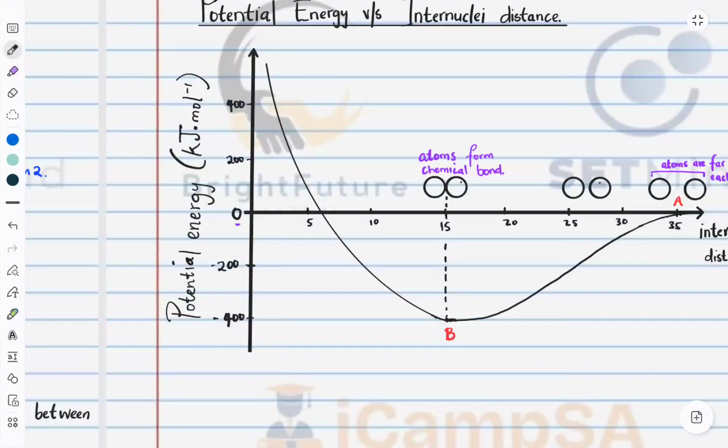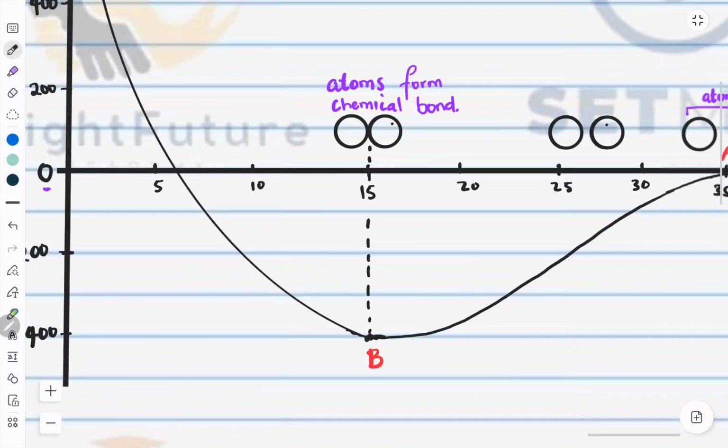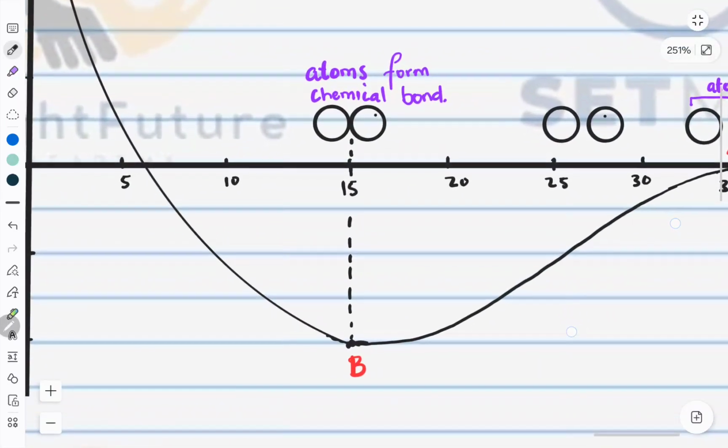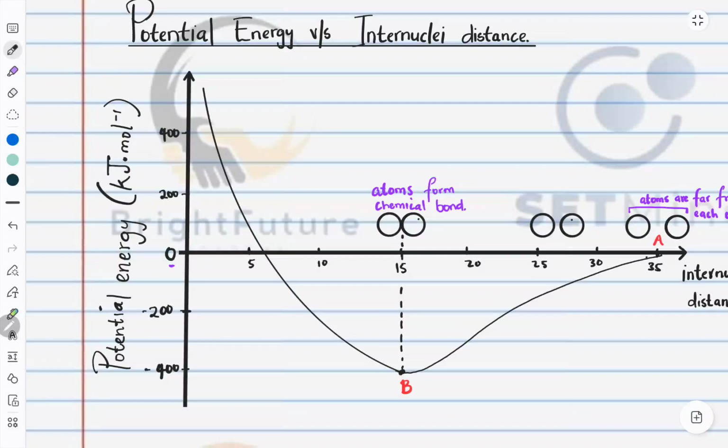So what we're saying is, from point B to the left, this is our point B. The curve looks funny, let's try and make it better. All right, this is much better.